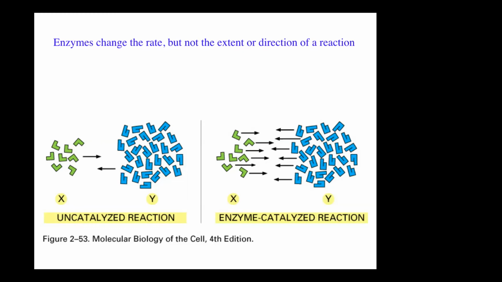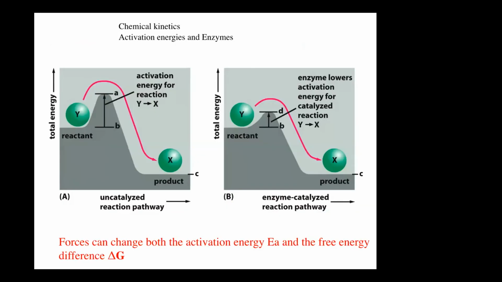All that the enzyme catalysis does is make more of them be able to go one way or the other. It doesn't change the equilibrium. And it's the same if you look at the little energy diagram. Even though the product molecule is lowest energy, and it's in its own distribution of free energies, some of the molecules will have enough energy to bounce over that energy barrier and become a reactant again.